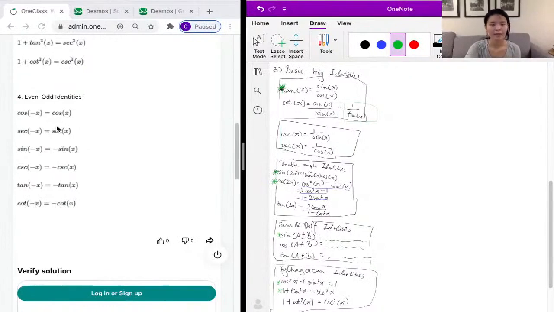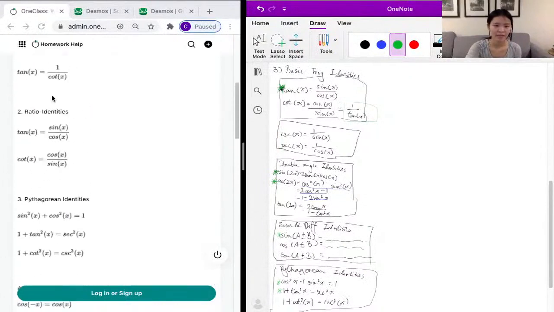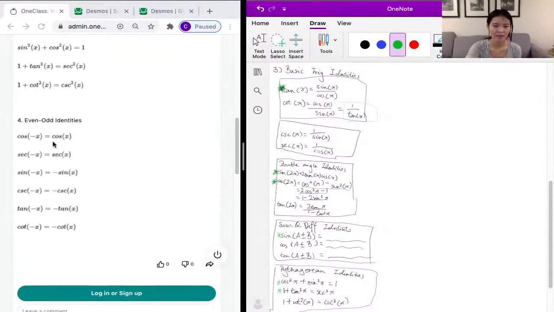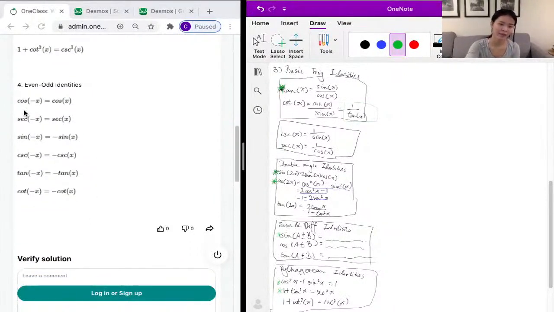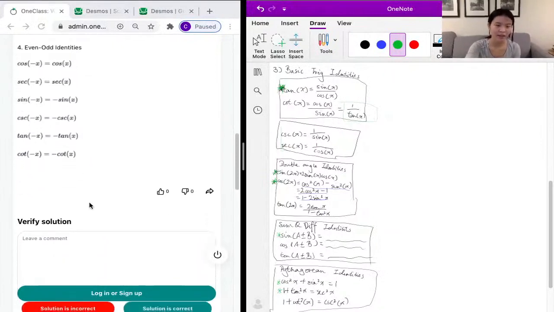You don't really need to memorize those, because you can derive them or see them really quickly using the unit circle, or using the graphs of cosine, sine, and tangent. So you don't need to memorize those over here.